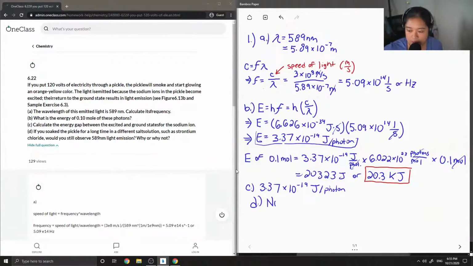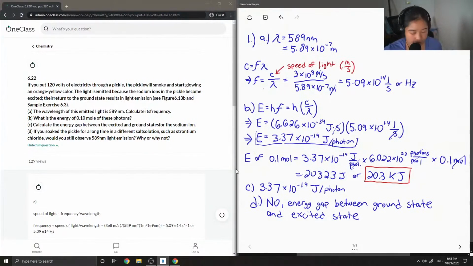So the answer for this is no, you would not, and that is because the energy gap between the ground state and the excited state of strontium will be different.